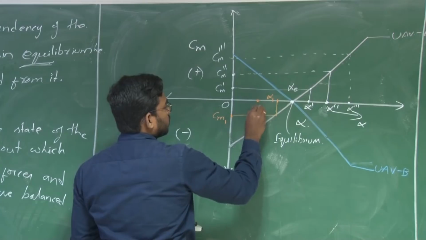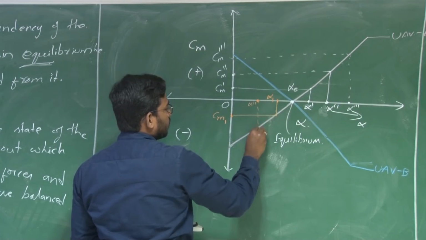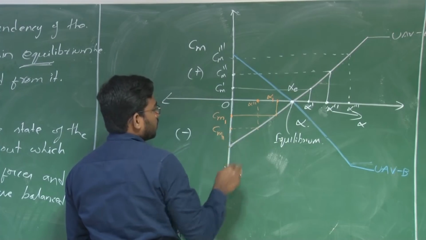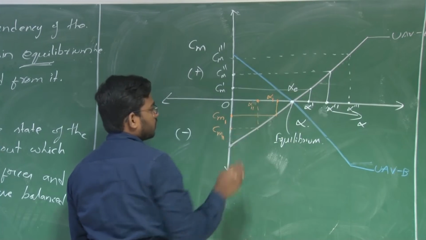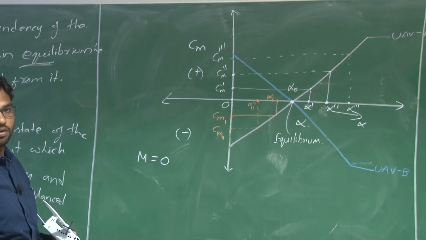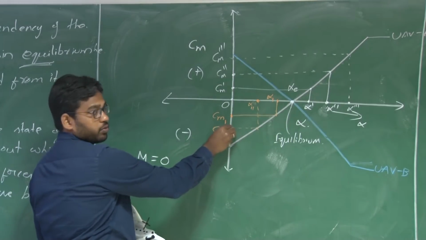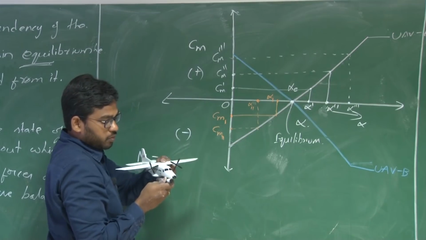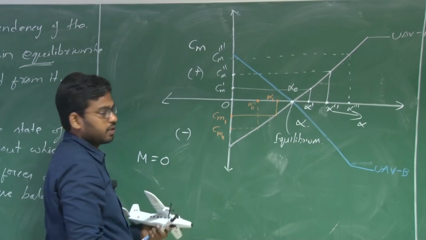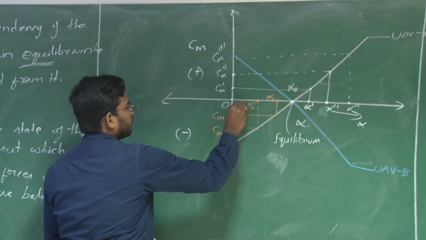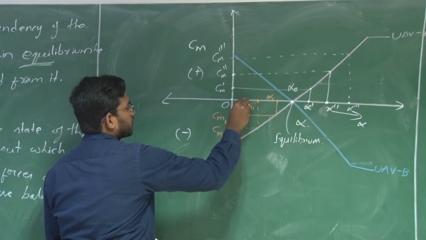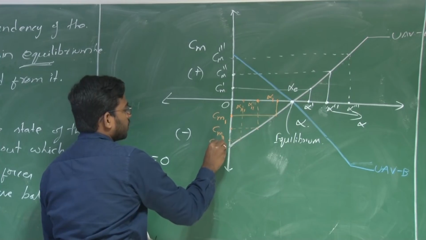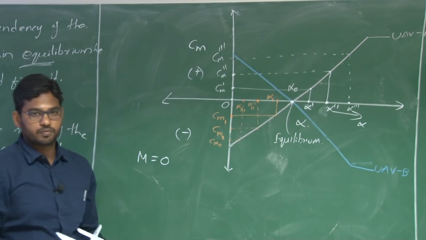So alpha double prime will again decrease the pitching moment or give a negative pitching moment. That negative pitching moment will further reduce the angle of attack. That means it will go to alpha triple prime in the subscript. So this will further create a pitch down moment.